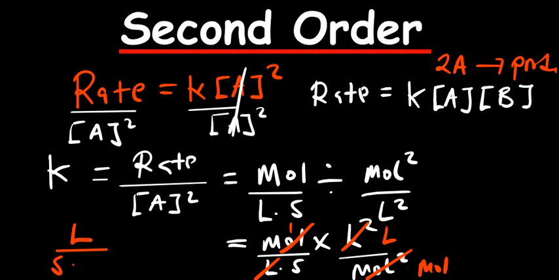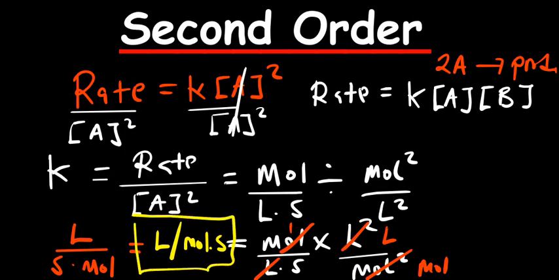I'm going to write my mole. Basically these are the units. To write it more nicely, this is the same as liter per mole second, because the division symbol means per. When I put a dot, it means mole and second are multiplying, just the way they are down here. These are the units for the rate constant of a second order reaction.